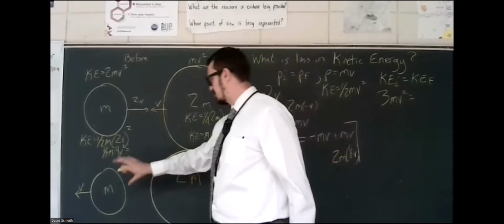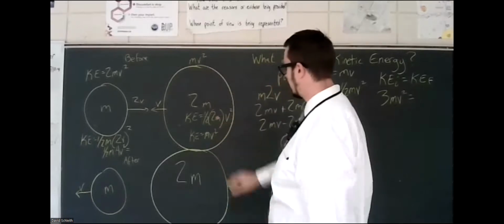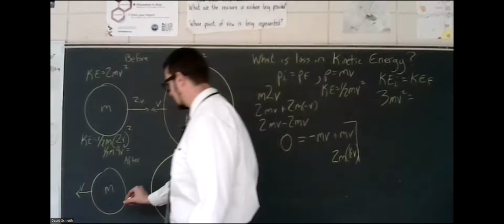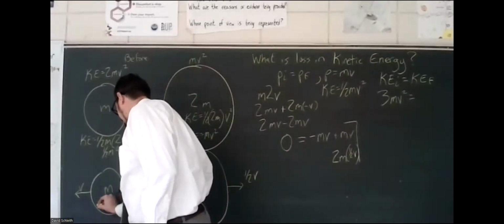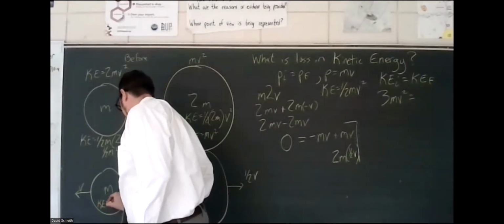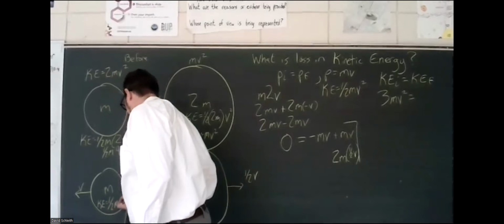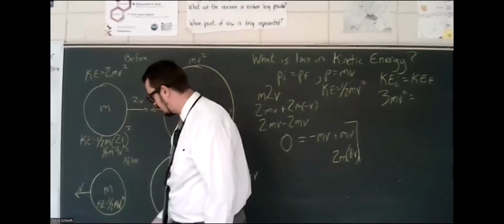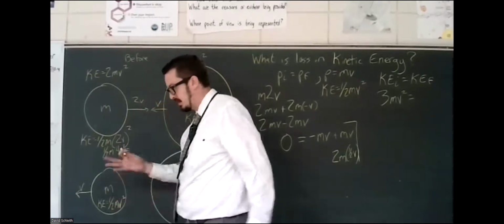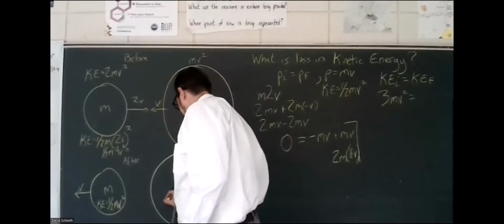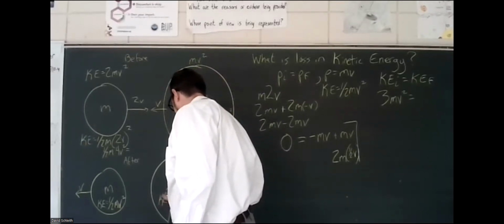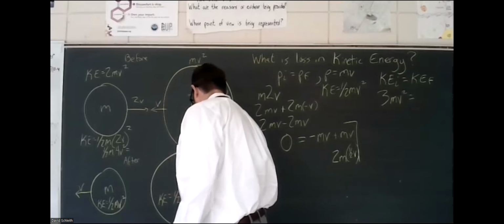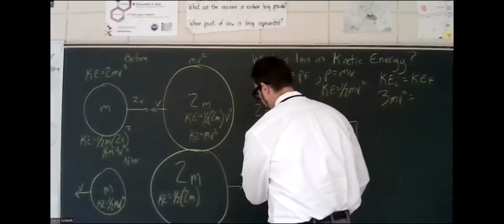And so now we just have to substitute those variables into the kinetic energy equation, similarly to how we did up here. So I'll just do this one here. This one just stays like the general form of the equation because it has mass m and velocity v. So 1/2 mv squared is its kinetic energy. This object is a little bit trickier. So it has kinetic energy equal to 1/2, but the m is 2m, and the v is 1/2 v.